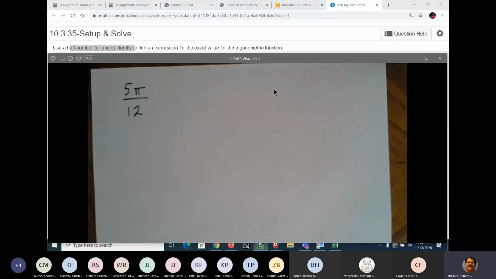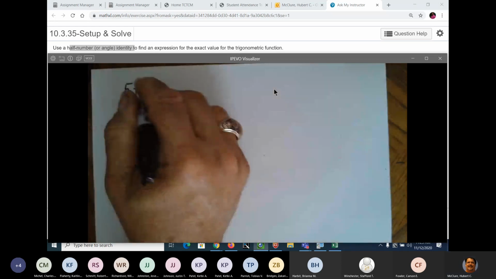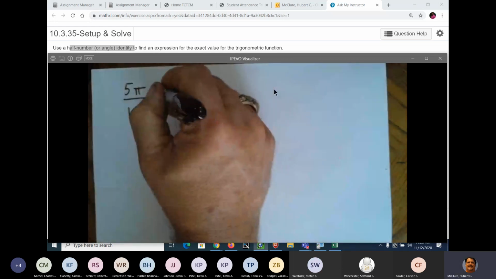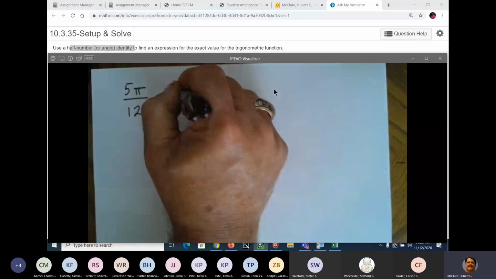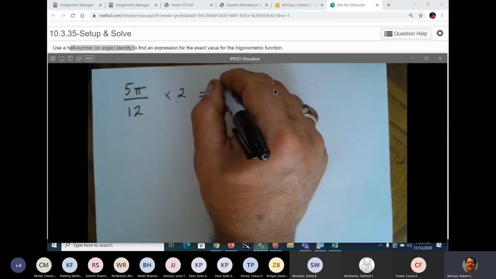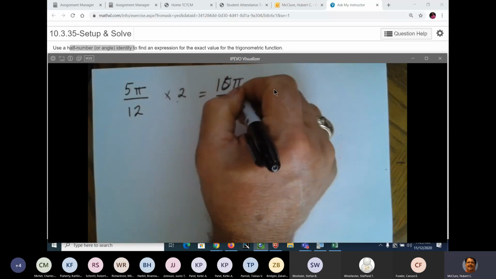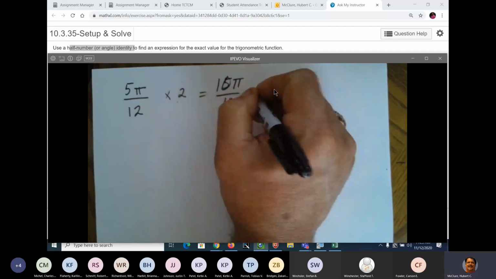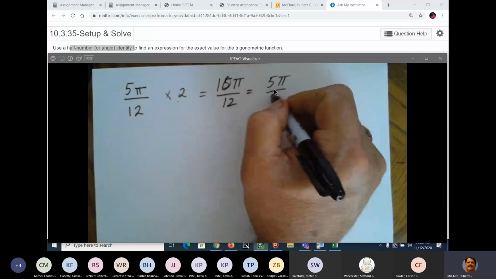And 5 pi over 12 is half of 5 pi over 6. How do I know that? Because if you were to multiply it by 2, you would get 10 pi over 12, which is 5 pi over 6.